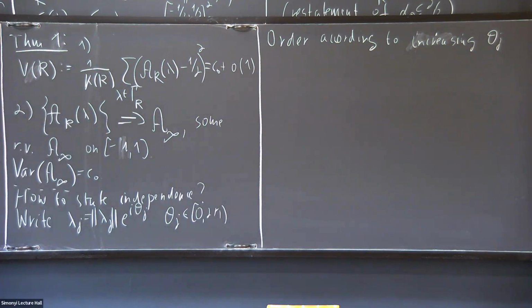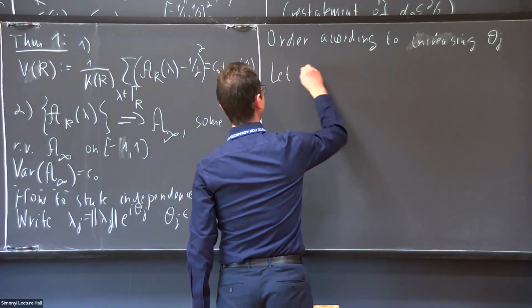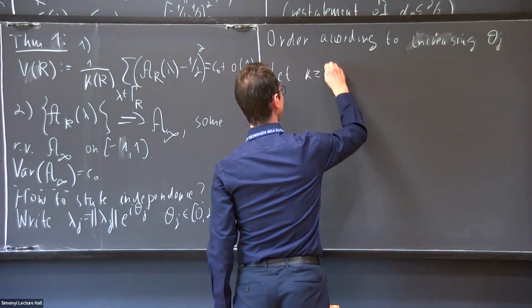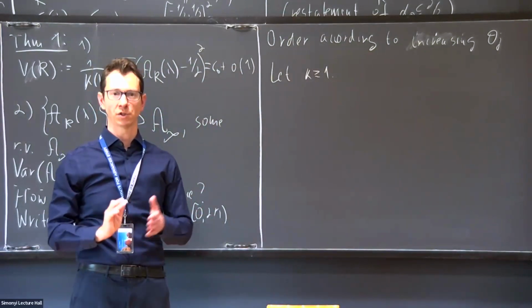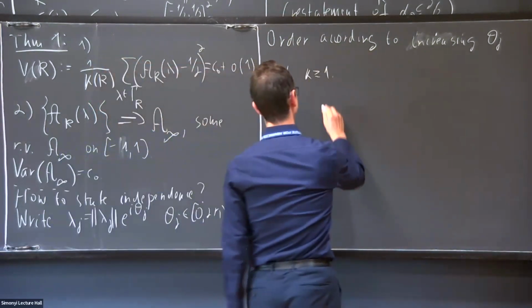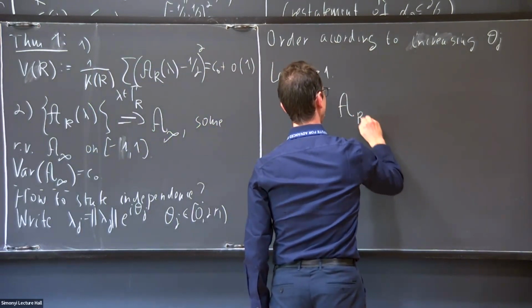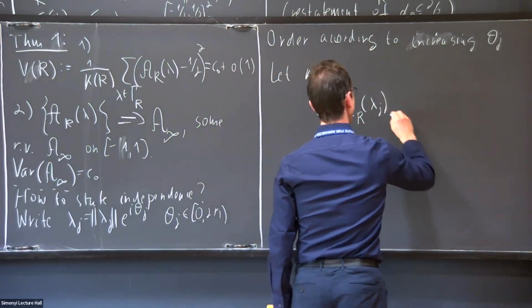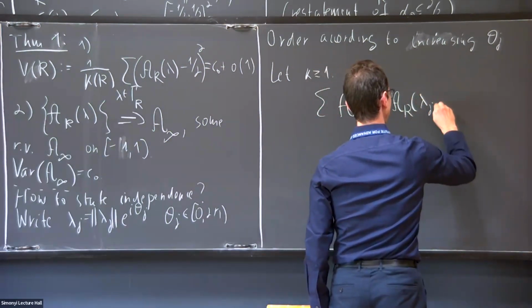Okay, and now we have the following result. Let's take A to be some number greater than 1. This is going to be the correlation distance, and we're going to sum A_r of lambda j, A_r of lambda j plus k.